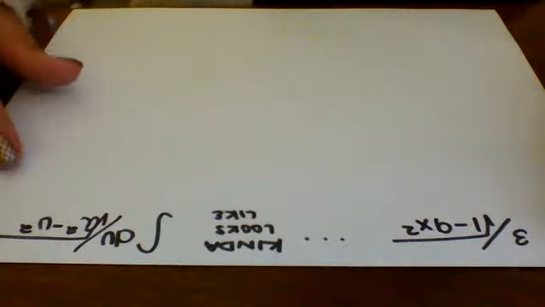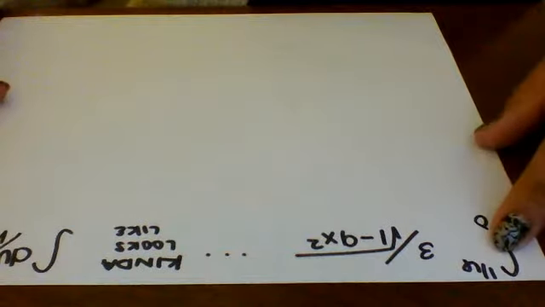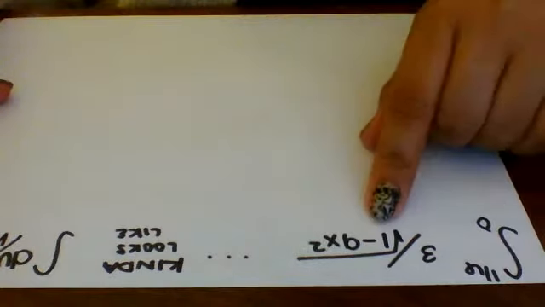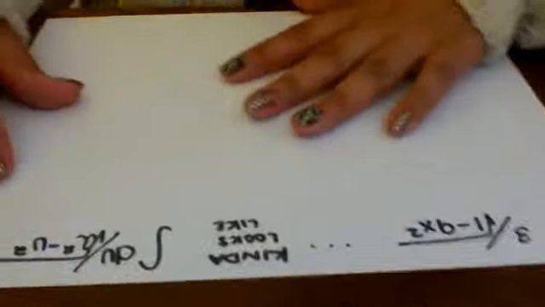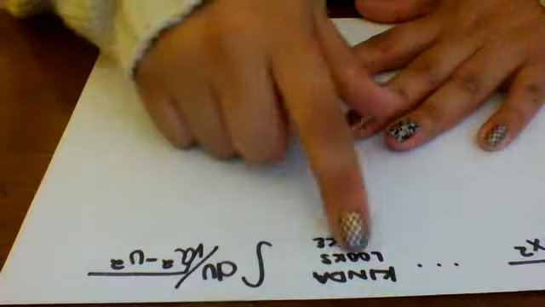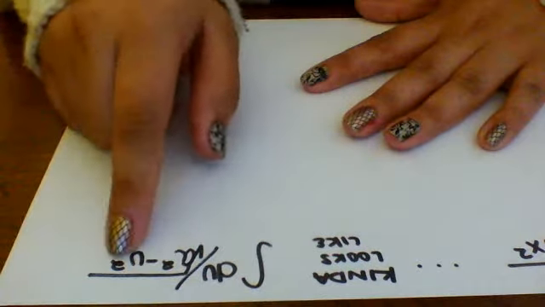We have endpoints from 0 to 1/2, of 3 over the square root of 1 minus 9x squared. It looks like one of these formulas that we have, the integral of du over the square root of a squared minus u squared.